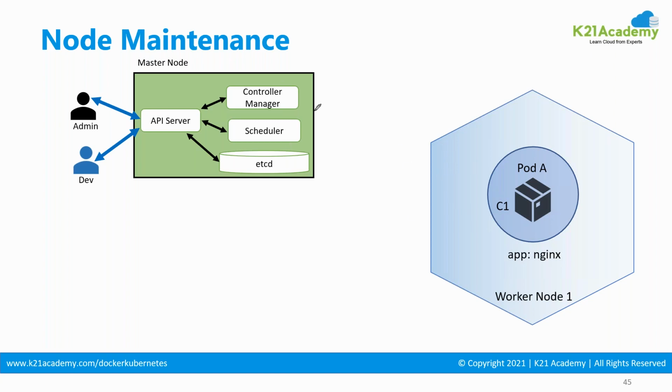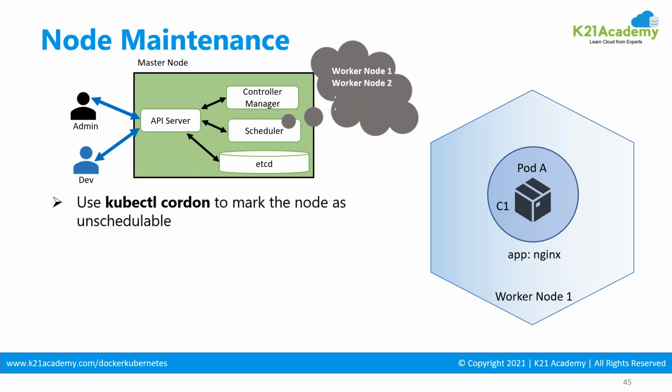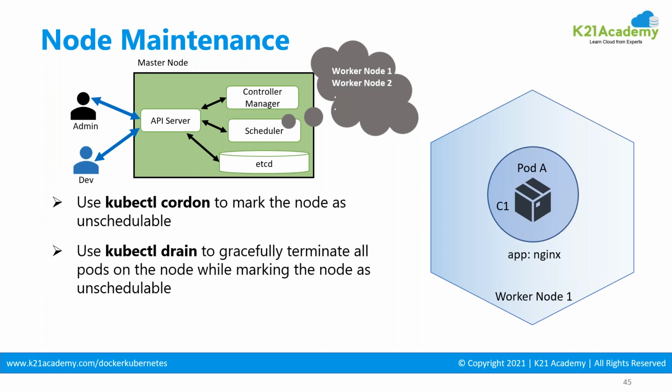But before that, let me see if I have access to my cluster because there was some problem. See here, these are the multiple worker nodes. You can use kubectl cordon to mark the node as unschedulable. This is the first thing that you should do. And once it is cordoned, then you can drain it gracefully.